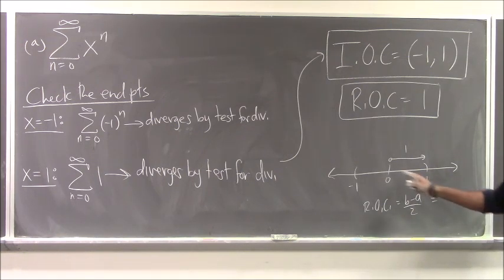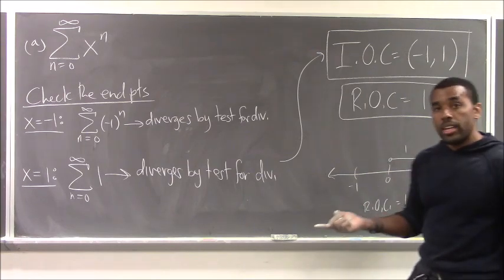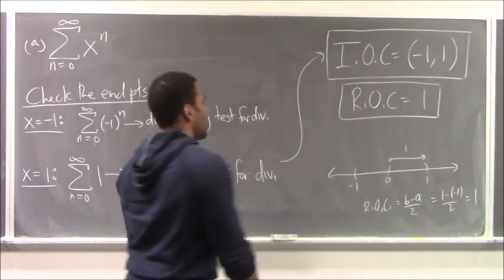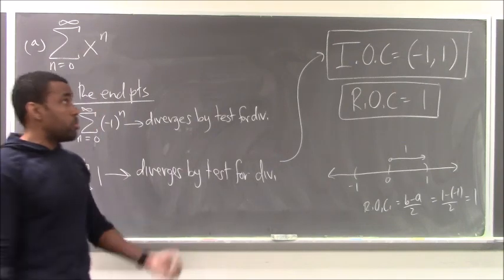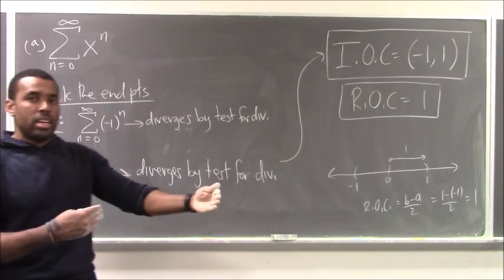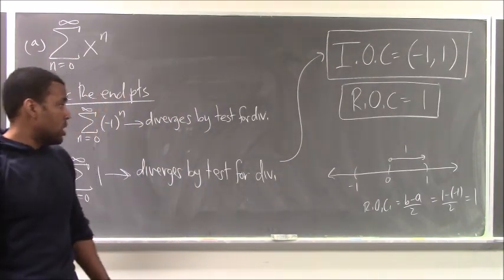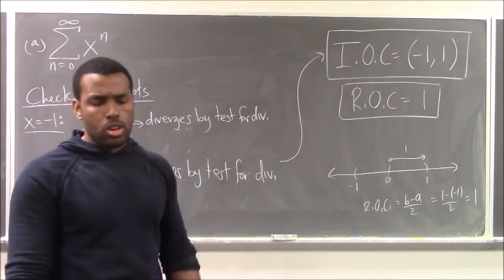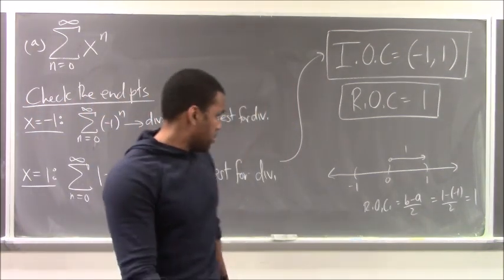So (1 − (−1))/2, you get 1 that way. So radius of convergence is just half the length of the interval of convergence. So you can actually just fully do the problem, find the interval of convergence, half the length of that interval is the radius of convergence, or you could have found the radius of convergence earlier as I mentioned.